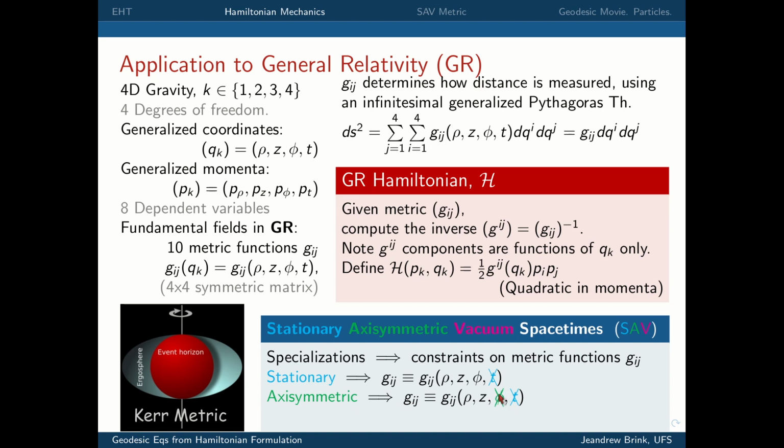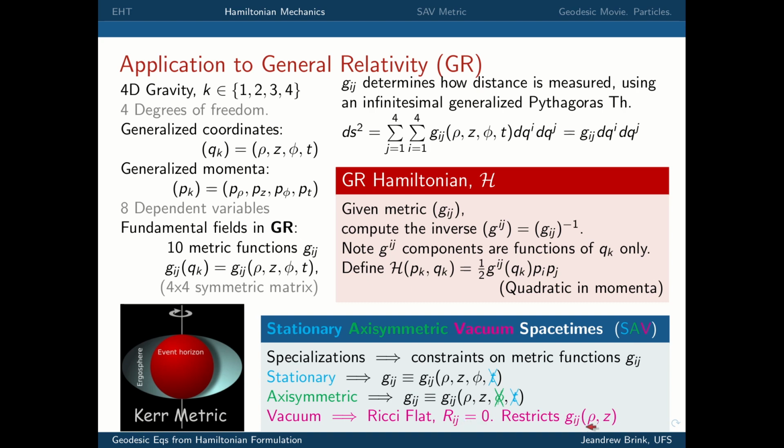In other words, it's rotationally invariant about the z-axis. In other words, there's no phi dependence in the metric functions. And the final assumption that we live in a vacuum space-time results in the field equations, the Einstein field equations R_ij equals 0, which then restricts the remaining metric functions to actually obey this property.